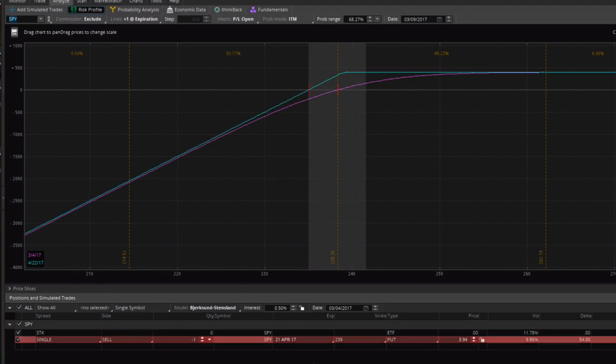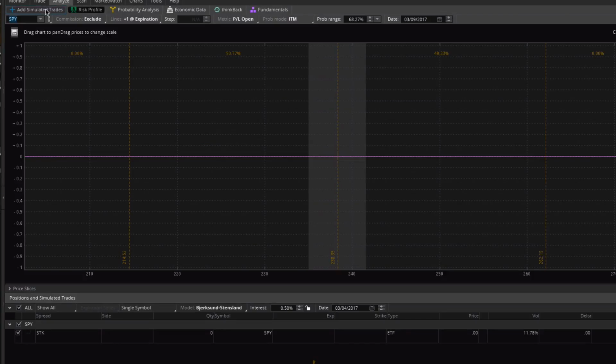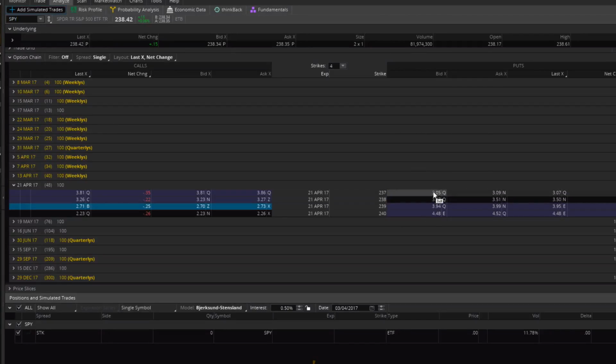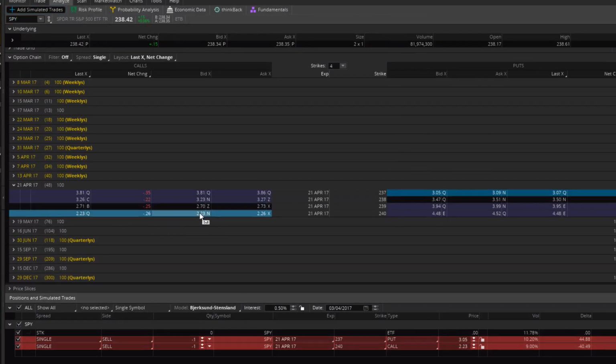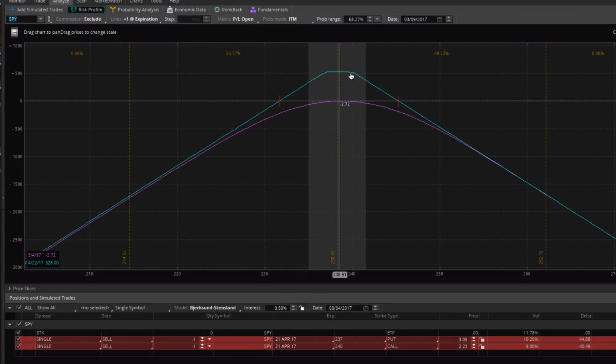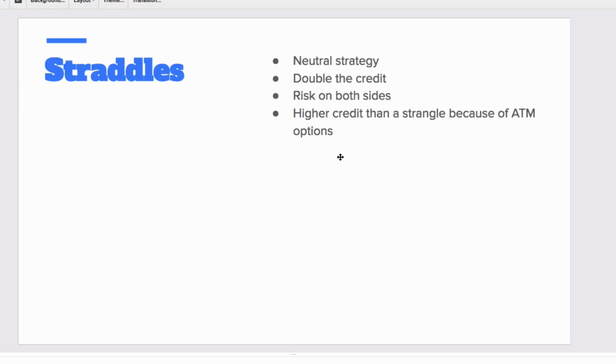Now, we looked at the diagram of the straddle last week, but this is a fairly narrow strangle. The strangle has that flat line in the middle, and the wider you make those strikes, the wider that flat line gets. So you collect less money for a strangle, but the stock can move farther.